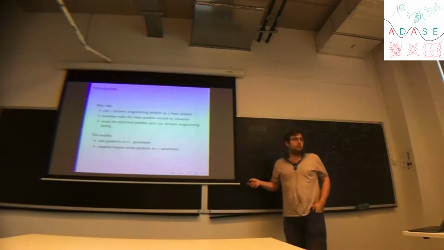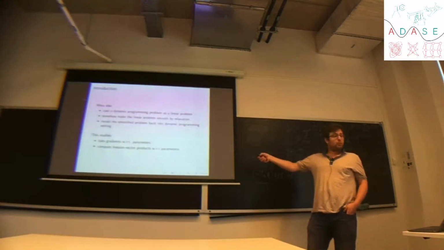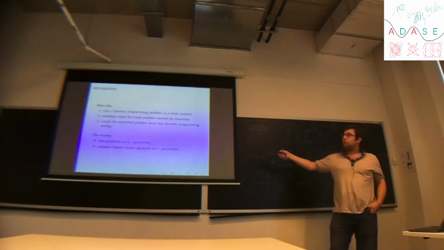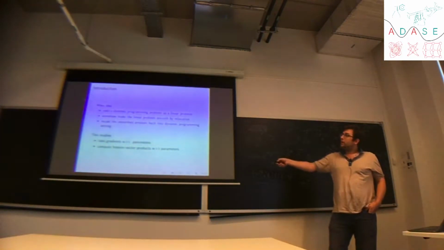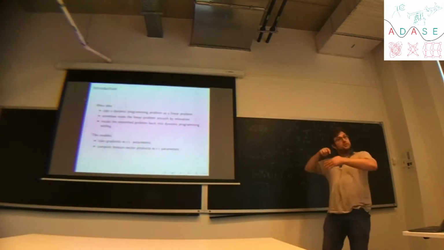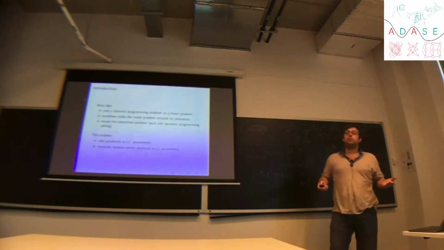So the main idea of the paper is to take a dynamic programming problem, cast it, like in C, into another type of problem, a linear one, then relax the linear problem, and perform steps back, recasting this linear relaxed problem into a dynamic problem.